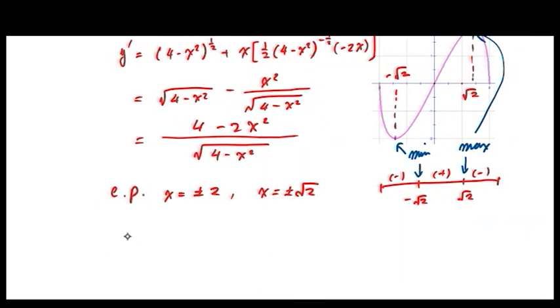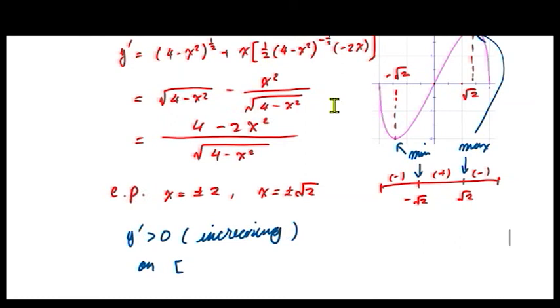Therefore, we can say y prime is positive, which means increasing on the interval, it's hard to say, but I'll just throw it as this. Endpoint, does the derivative exist at the endpoint? Depends on what your definition of derivative is.